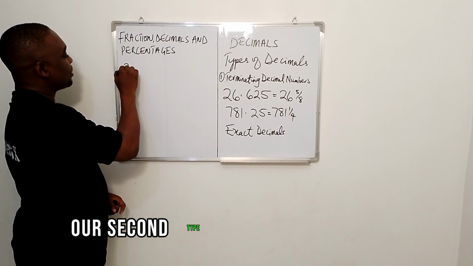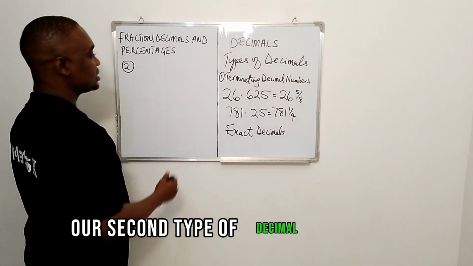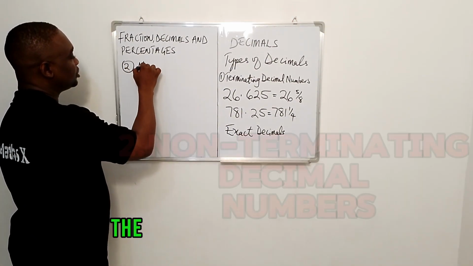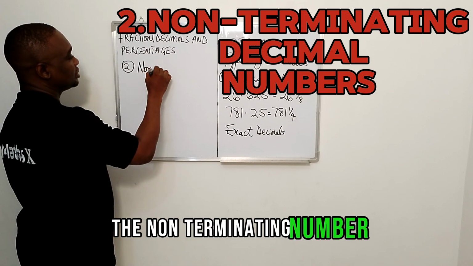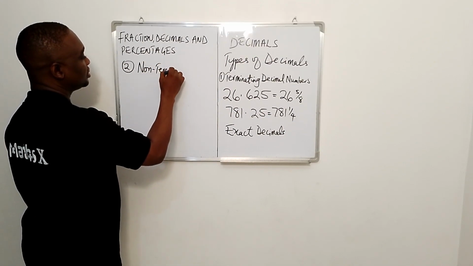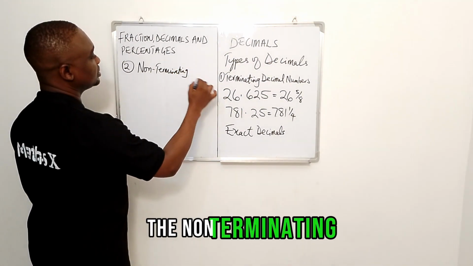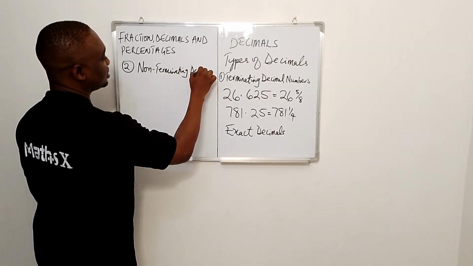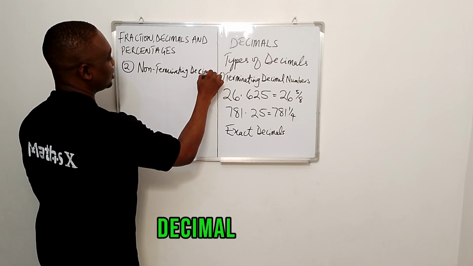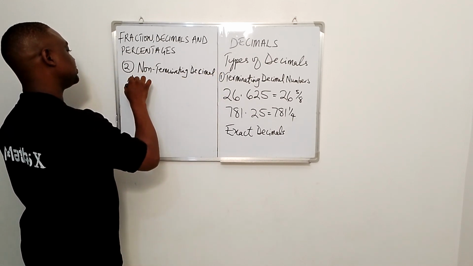Our second type of decimal number is the non-terminating decimal numbers.